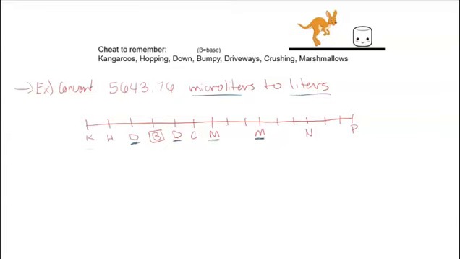And the first bit of your number line goes along with your saying, kangaroos hop down bumpy driveways crushing marshmallows. But the last half of your number line, it represents your micro, nano, and pico.